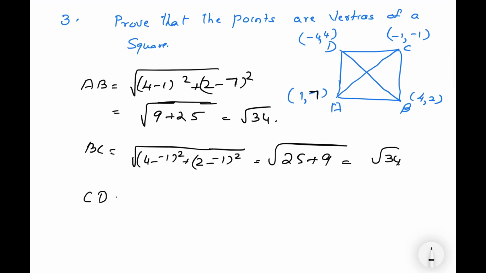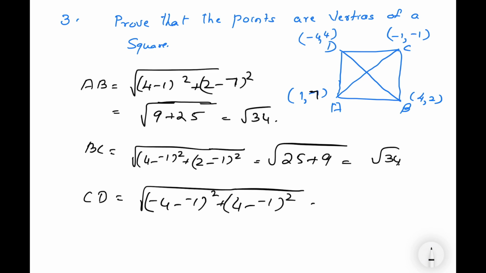Then CD is root of (minus 4 minus minus 1) the whole squared plus (4 minus minus 1) the whole squared. So minus 4 plus 1, minus 3 the whole squared will become 9, plus 4 plus 1, 5 squared, 25. So root 34.